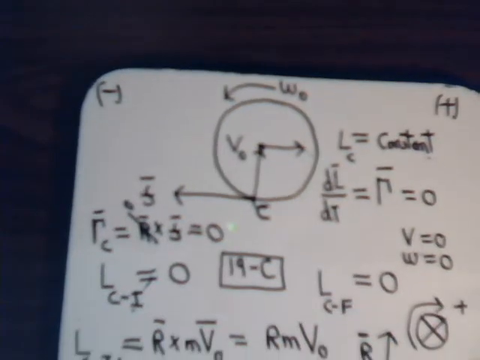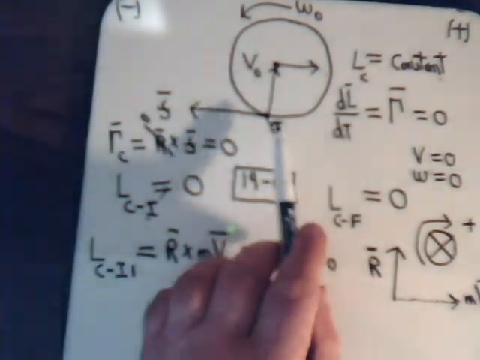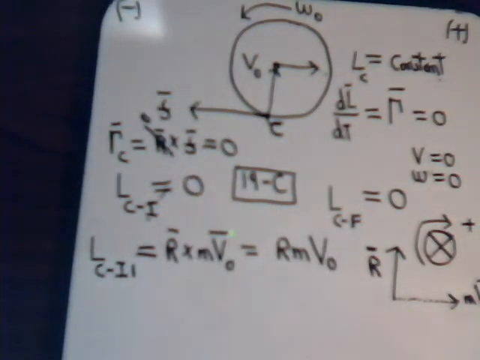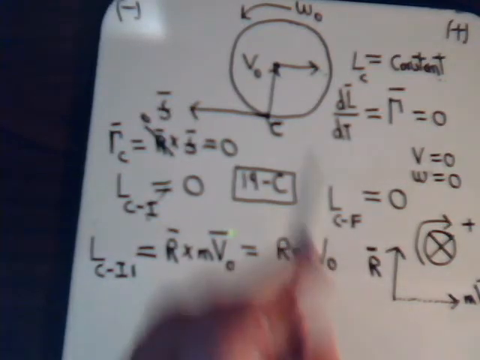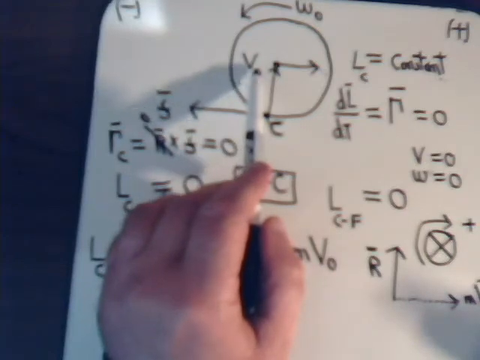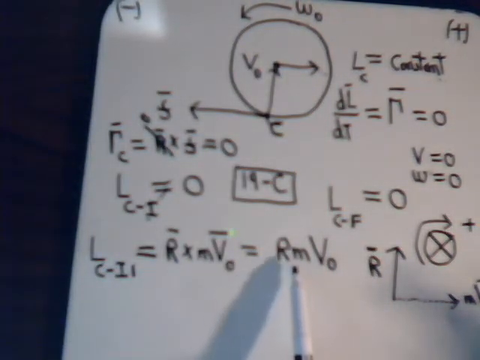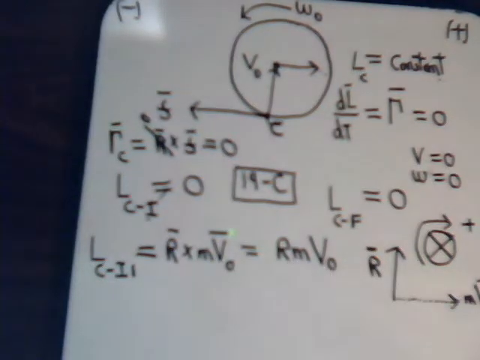So what this means is that the first component of the angular momentum about point C, initially, that is when the ball, whether it's a billiard ball or the bowling ball, has these values, V0 and omega naught, that first component is just R M V0.